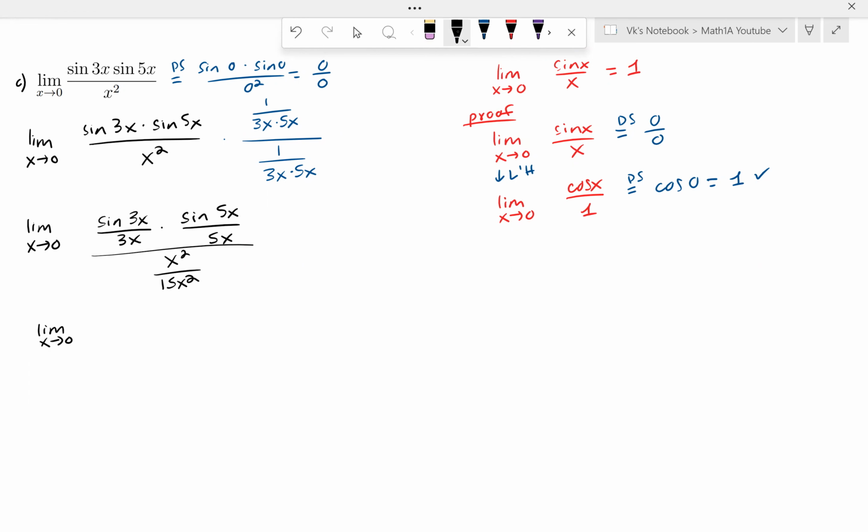Limit as x goes to 0 of sine 3x over 3x multiplied by the limit as x goes to 0 of sine 5x over 5x, and then everything is over the limit as x goes to 0 of 1 over 15.